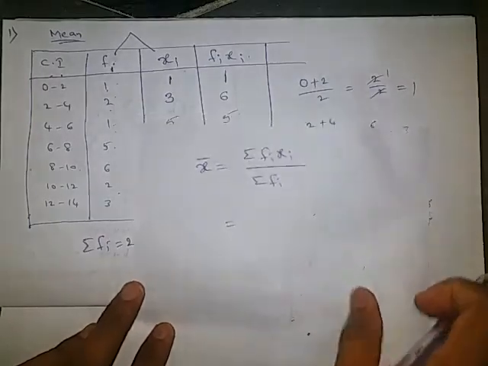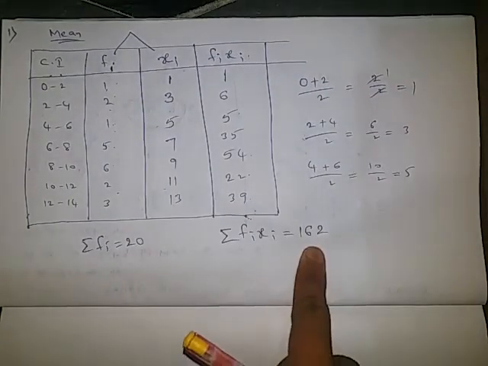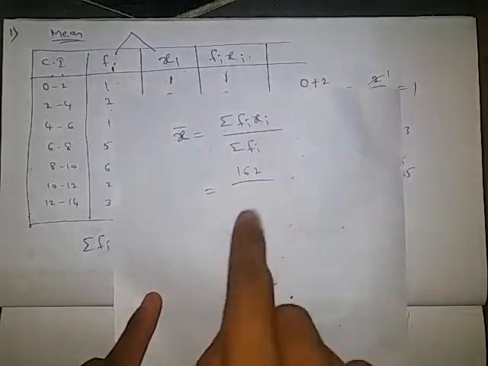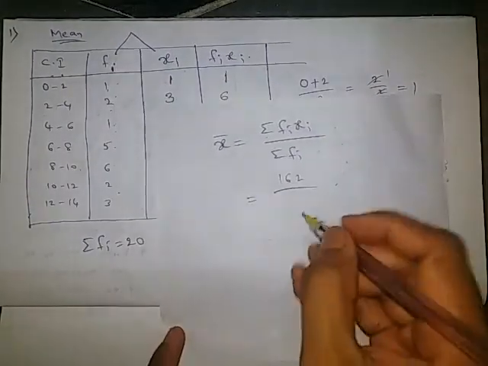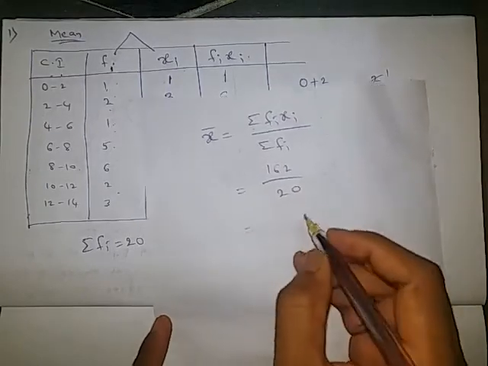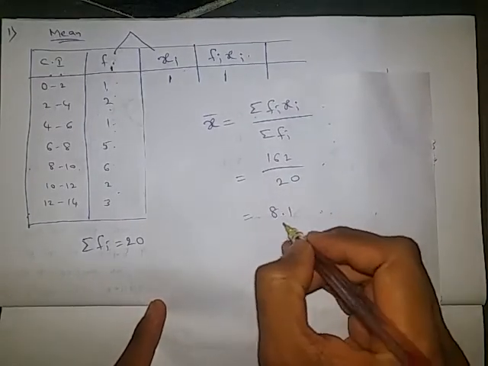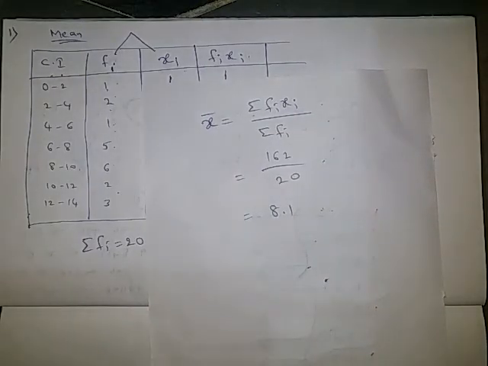Sigma fi xi is given as 162, divided by sigma fi, that is 20. If we do cancellation of this, we will get 8.1. This is by the direct method.